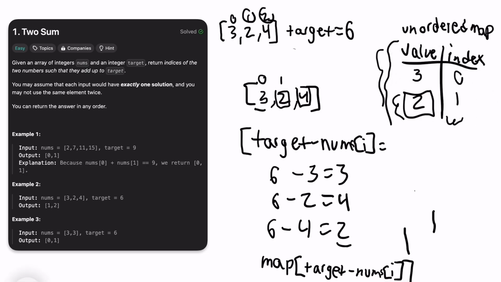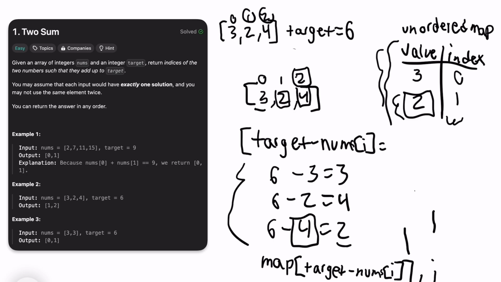Then that is what we'd return, and then we'd also return i, which would be the current value in the loop we are going through. So we are returning this one because that is the current one we are finding. And that is how you would solve 2sum.